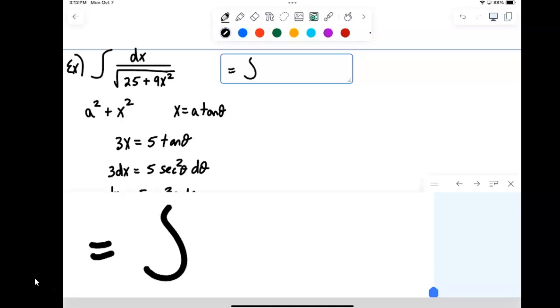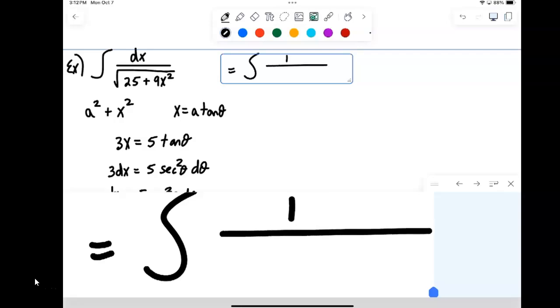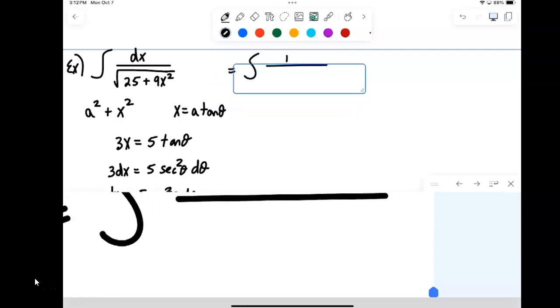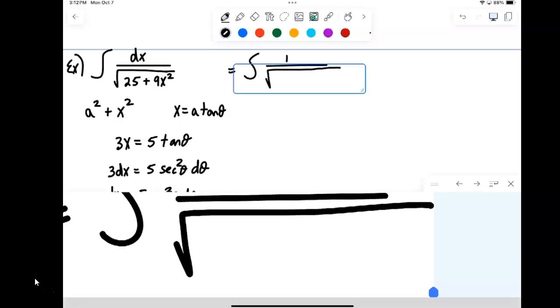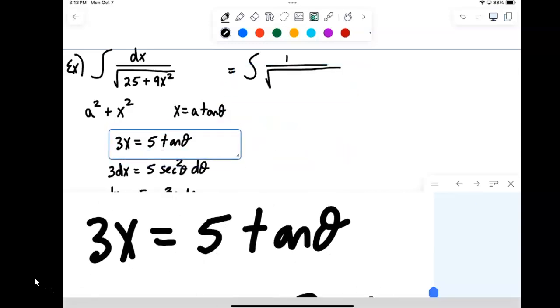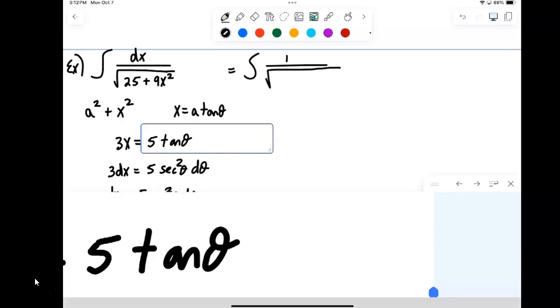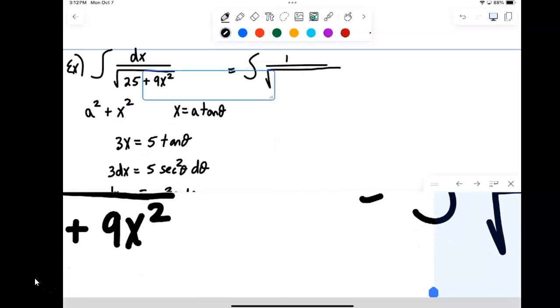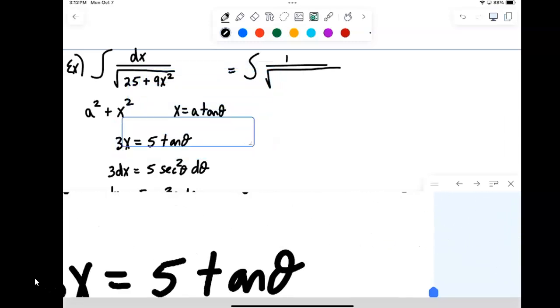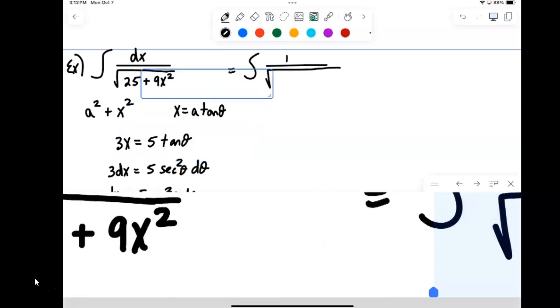This will be the integral of 1 over the square root. And when we make the change, 3x becomes 5 tangent. That's going to be 5 tangent squared. Right? The whole 9x squared is 3x quantity squared.